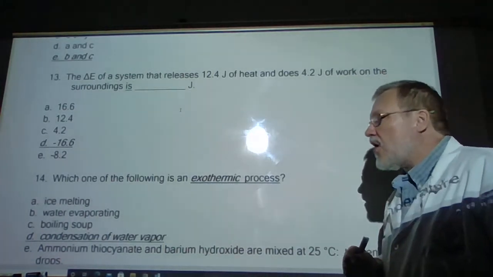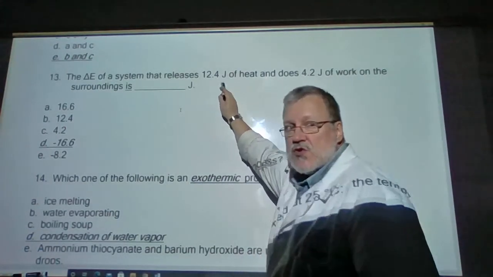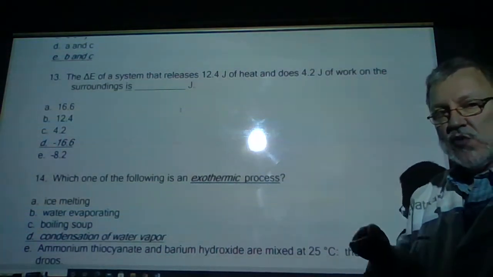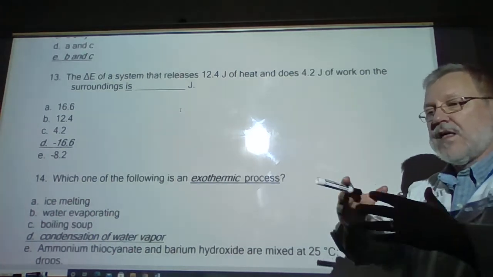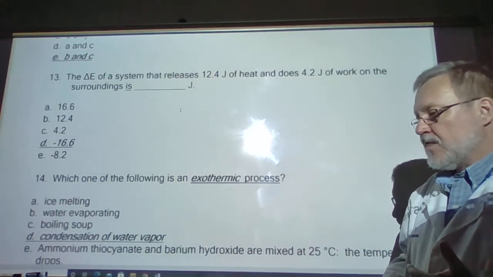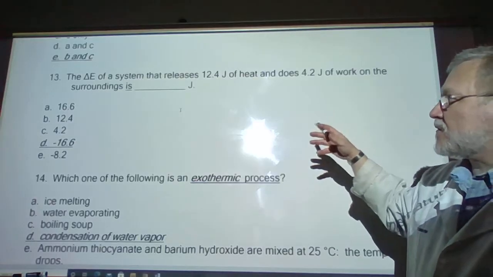So the total loss of energy is 12.4 joules due to loss of thermal energy and 4.2 joules of energy spent in terms of work, either changing the pressure of the system or changing the volume of the system. So it's doing something else on the surroundings.